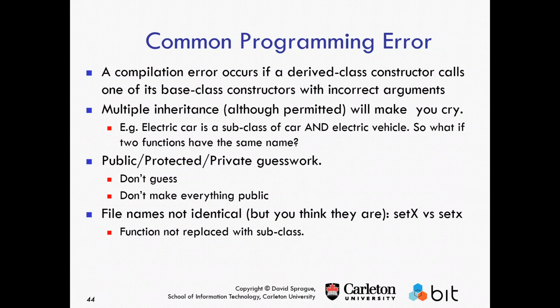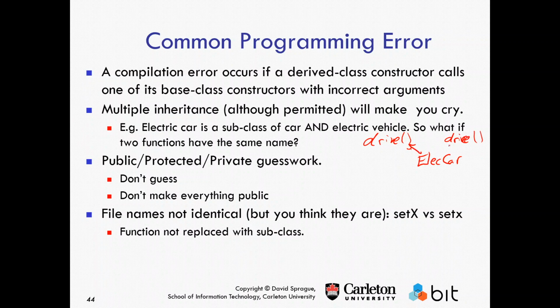Which parent? So let's say we have a drive function in both of those. We do not implement the drive function in electric car. Here's the drive function. Here's another drive function.